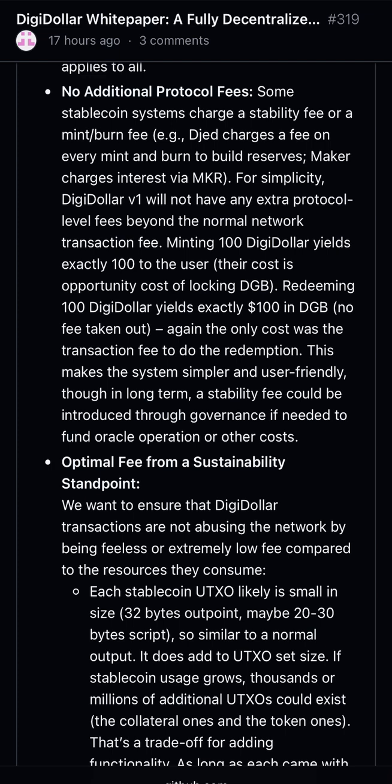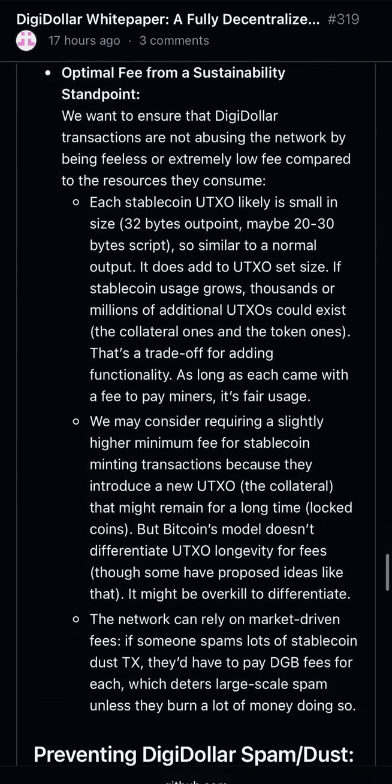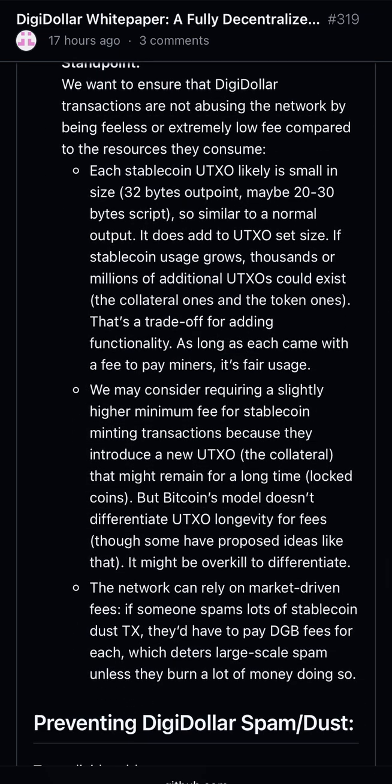Optimal fee from a sustainability standpoint. We want to ensure that DigiDollar transactions are not abusing the network by being feeless or extremely low fee compared to the resources they consume. Each stablecoin UTXO likely is small in size, 32 bytes outpoint, maybe 20 to 30 bytes script, so similar to a normal output. It does add to UTXO set size.